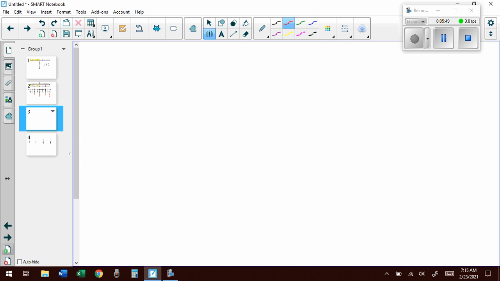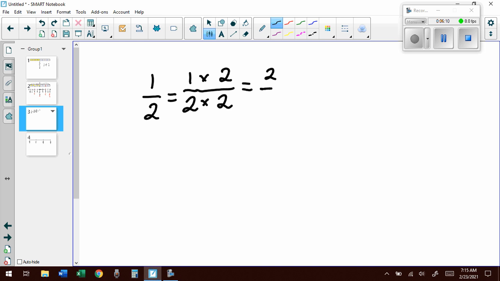Now we're going to show that same thing as a multiplication sentence. 1/2 equals 1/2 times 2. 1 times 2 equals 2. 2 times 2 equals 4.